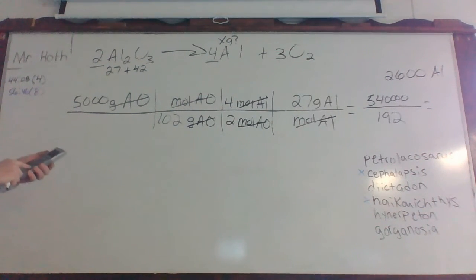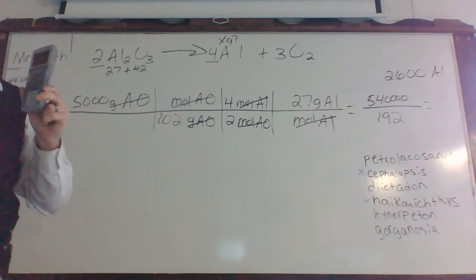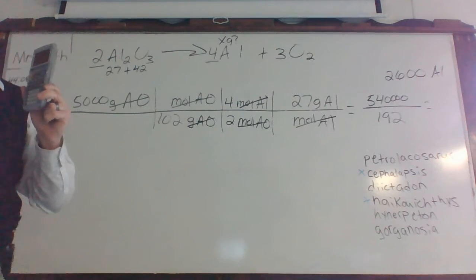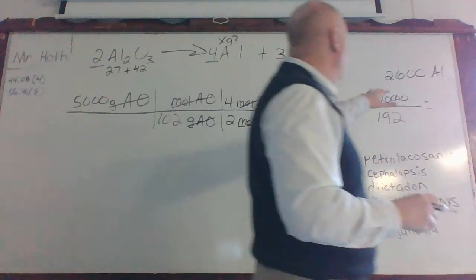7 times 4, did that already. 5, 4, 1, 2, 3, 4, divided by. There we go. It says 2647. Is that what you get for an answer? Somewhere thereabouts. So what you're seeing here is what we call significant figures.